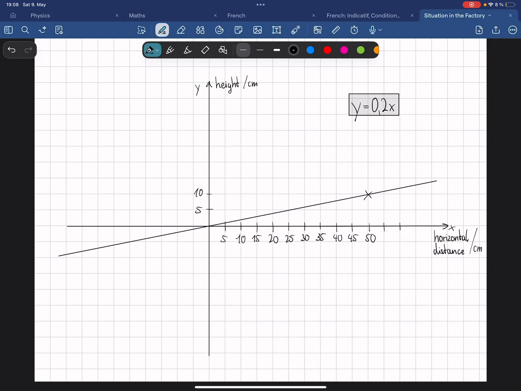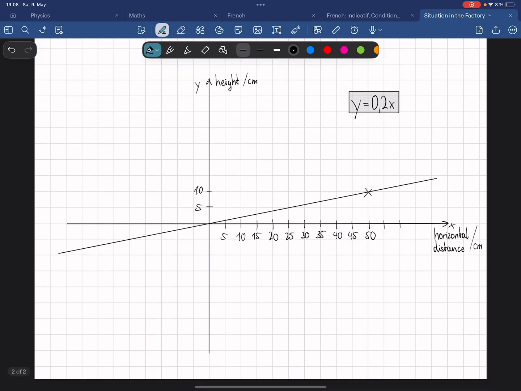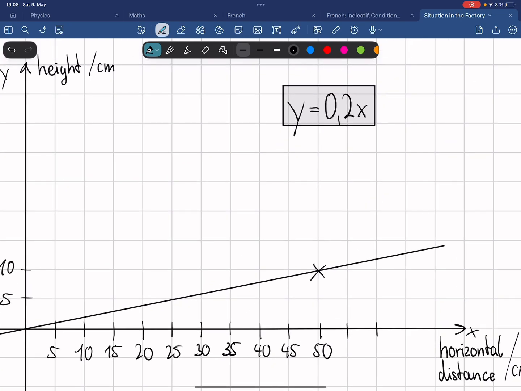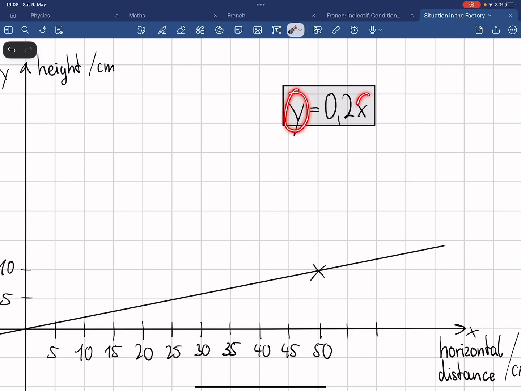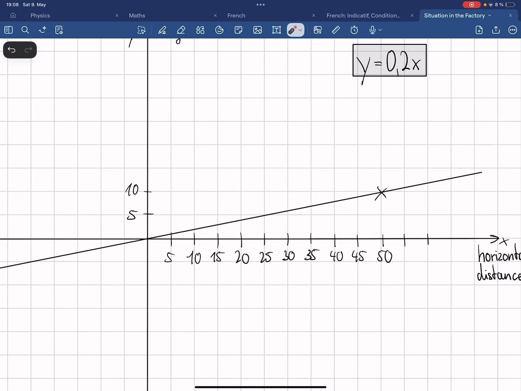So now that we know our linear function for this slope or the ramp, we still have to test if it's actually correct. And the way we do that is, because in our function there is y and x, we can substitute either of those variables with numbers from our graph and check if we actually get the corresponding number.